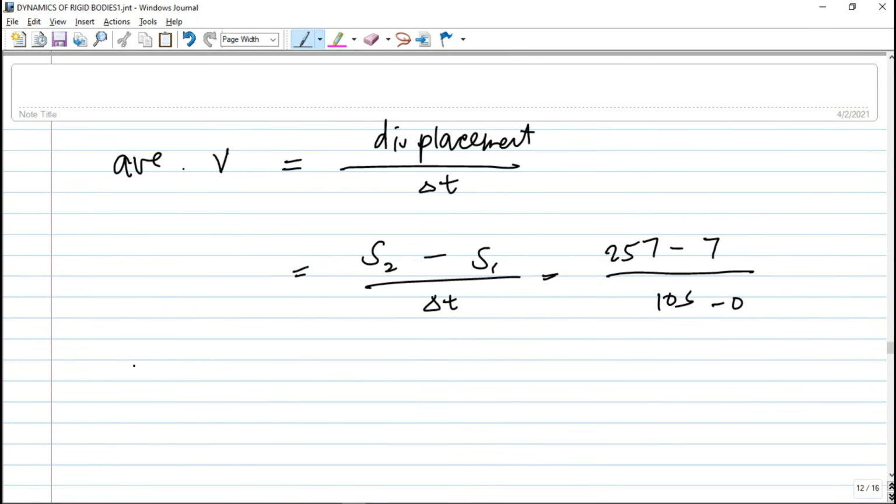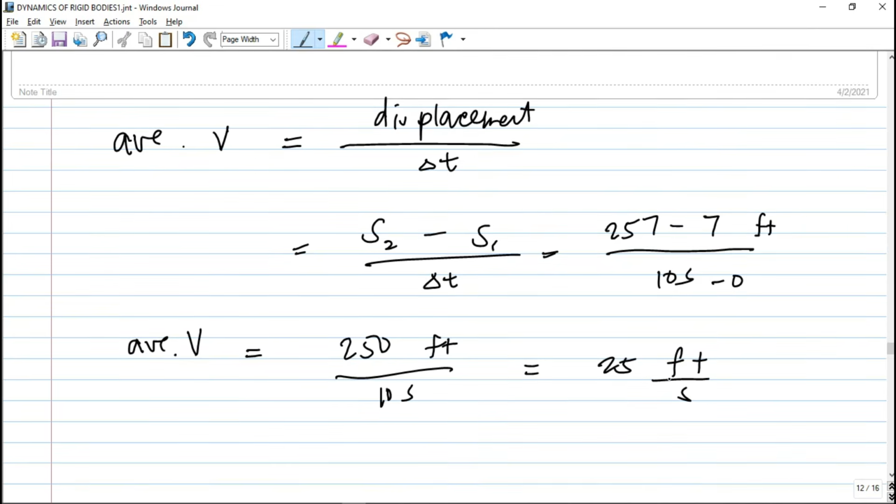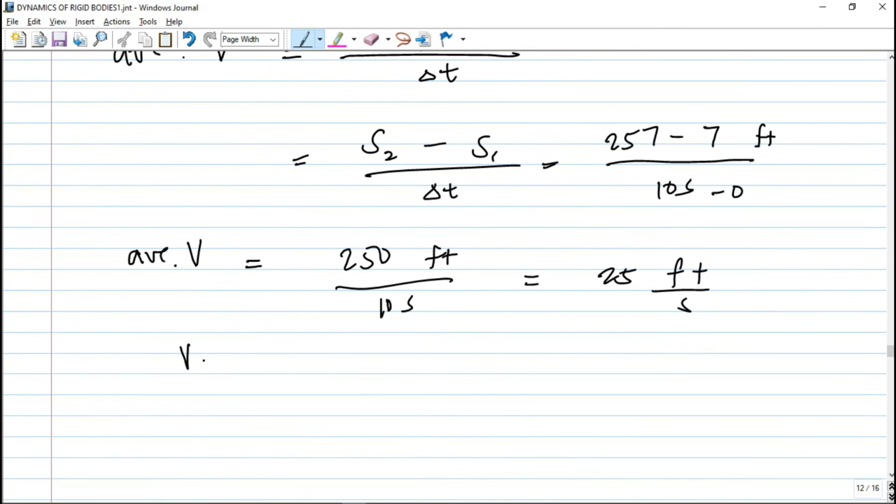So, average velocity is equal to 250. Ito guys, ang unit ito is feet. Okay, 250 feet divided by 10 seconds. So, this is just equal to 25 feet per second. So, this is V average. So, V average is equal to 25 feet per second.